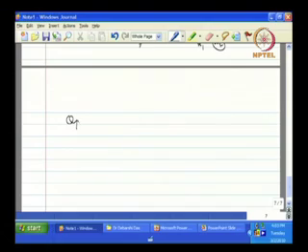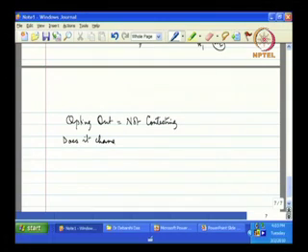So, opting out, that is not contesting. Question is, does it change the result?